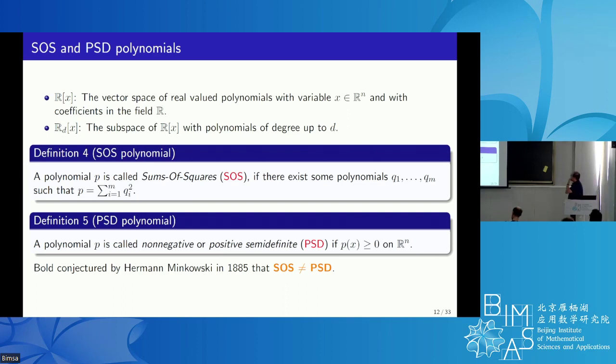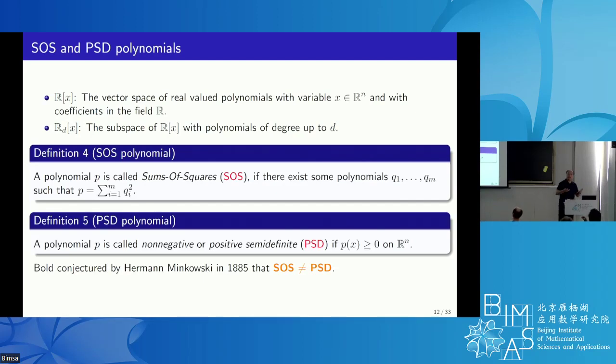And the story just started in 1885. Minkowski, during his Ph.D. defense, made a bold conjecture that SOS is different from PSD, but he hadn't given any explicit example.